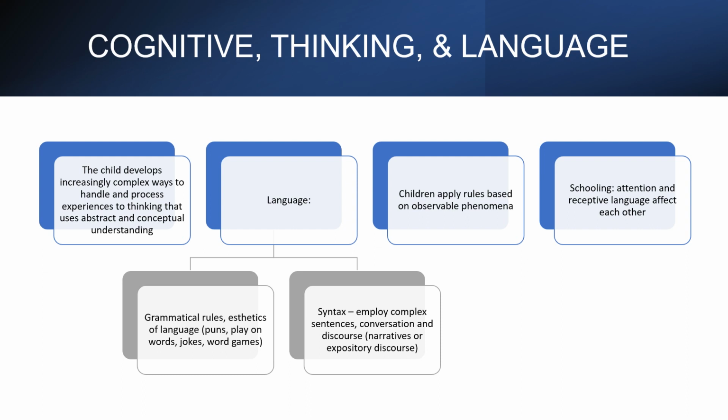Schooling, attention, and receptive language affect each other. The attention span of a schooler is not yet that long, unlike in college and high school. Their attention is still on making friends and playing. So some children are not very good in class because their attention flies.